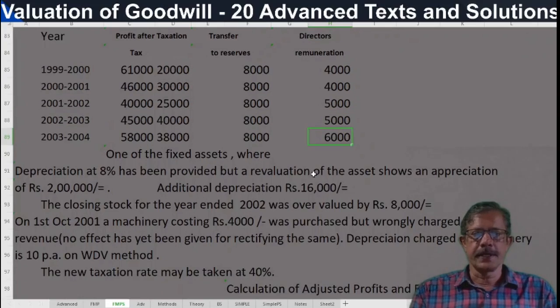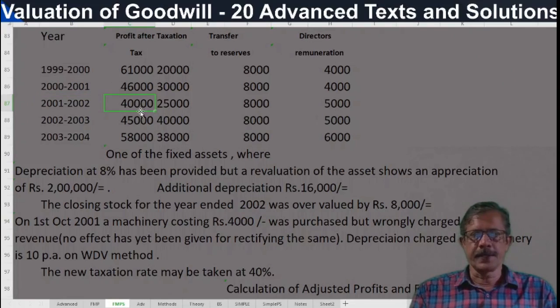Then depreciation at 8%. Additional depreciation we have calculated already, 16,000. Closing stock we know. 1st October, a machinery costing 4,000 was purchased. Okay. We already discussed it. 4,000 rupees should be added to 2001-2 profit.